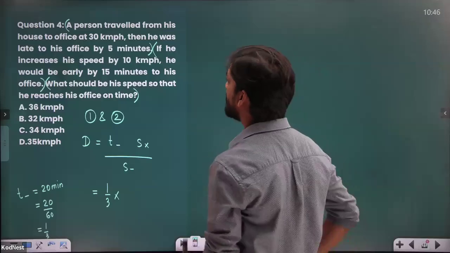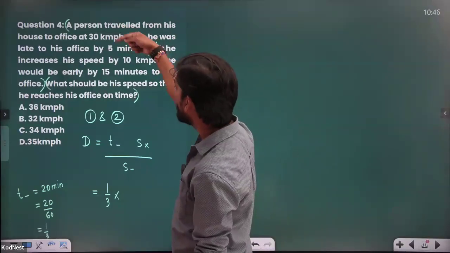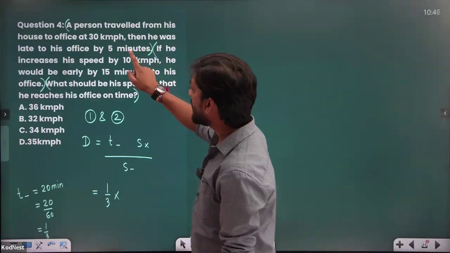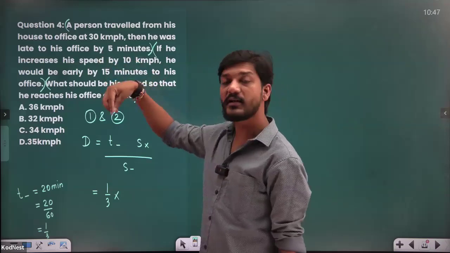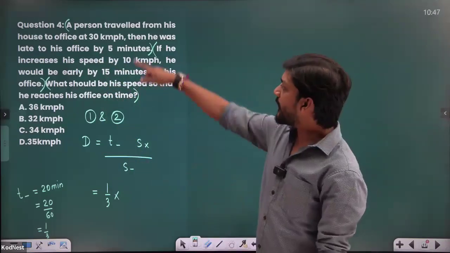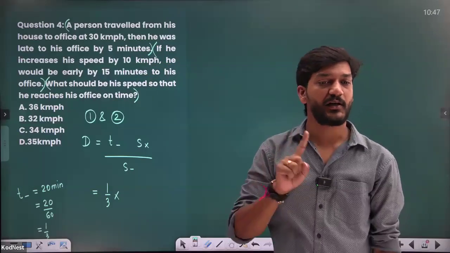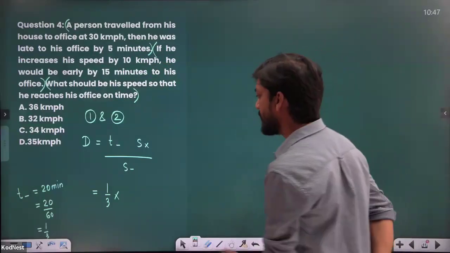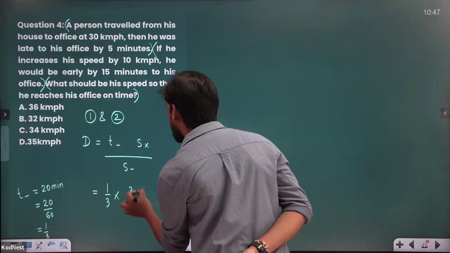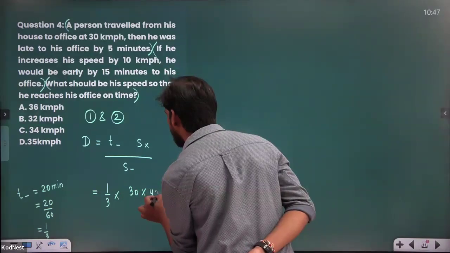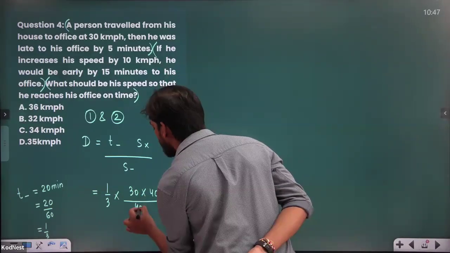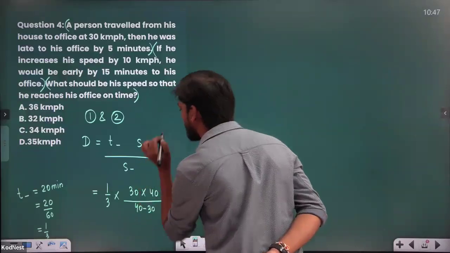Product of speed. Don't say 30 into 10. My dear, speed is not 10. Speed is increasing by 10. Previously it was 30, so now it will be 30 plus 10, which is 40. So 30 into 40 is the speed product, and 40 minus 30 will be the difference.